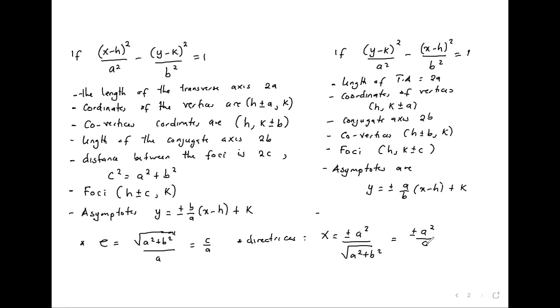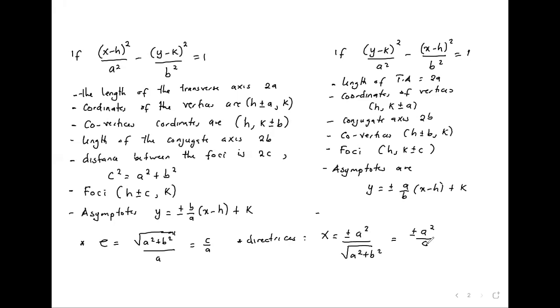So, sir, basically this concept is more like the same with the ellipse, but there's just a bit of addition of information. Yes, that's the same, because the eccentricity goes through the parabola, hyperbola, and ellipse.